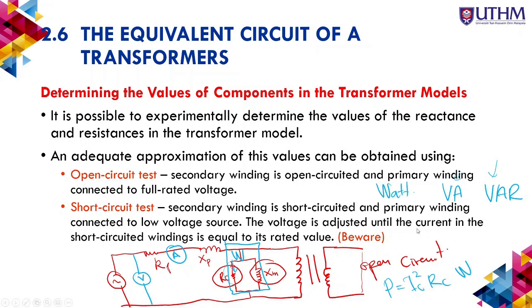Okay, so for the short circuit, the secondary winding is short circuit and the primary winding is connected to a low voltage source. When we do the short circuit test, we cannot use the same voltage as in the open circuit. For the open circuit, we use the full rated voltage.